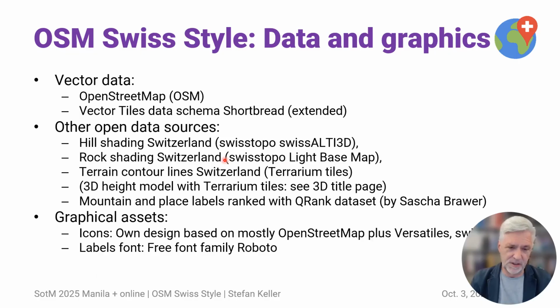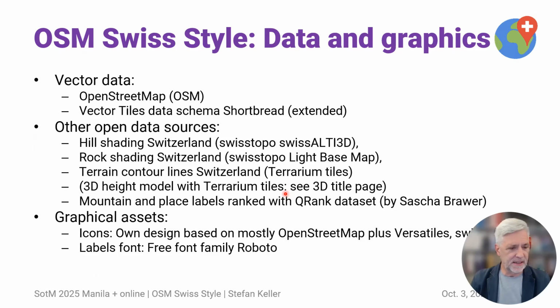Which is of course not something we would want in the long term, because we want to have a worldwide coverage. And then we are using terrain contour lines for Switzerland and the bounding box based on the worldwide terrarium tiles. And these are, as you may know, 3D tiles. It's a 3D height model, and so you can actually tilt the map as you can do in MapLibre.